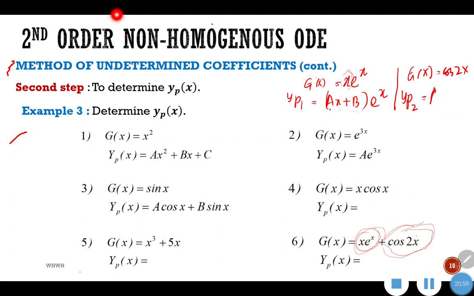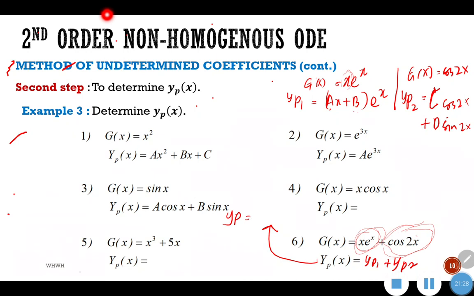Since a and b are already introduced in yp1, we need to find other letters. So I use c: c cos 2x plus d sin 2x. So yp for this one is yp1 plus yp2, where the answer is yp equals (ax plus b) e to the power of x plus c cos 2x plus d sin 2x.